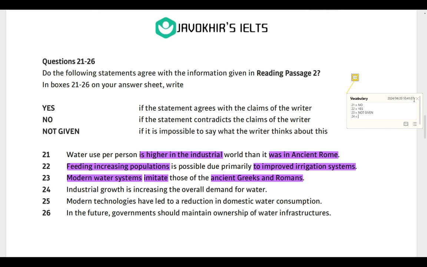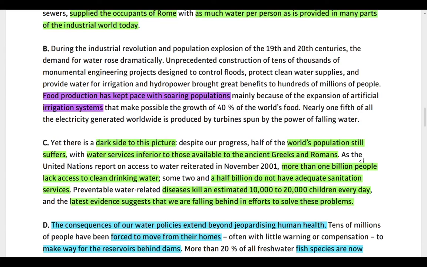Let me give you an in-depth explanation. The reason for that is modern water systems imitate those of the ancient Greeks and Romans. So okay, that is saying a very developed one. However, here, water services, it's saying that half of the world's population suffers, and water services are inferior to those available. So water services are not good compared to those available to the ancient Greeks and Romans.